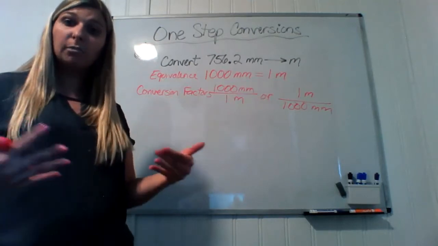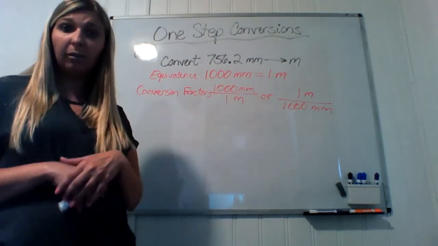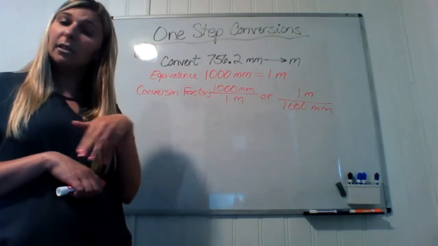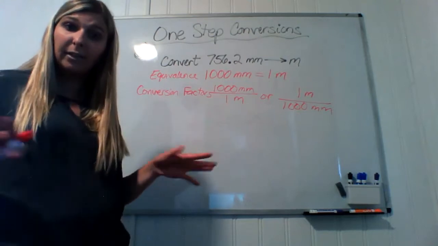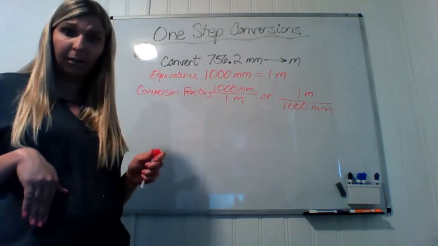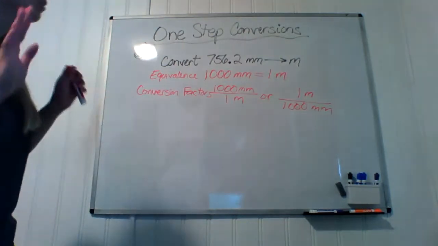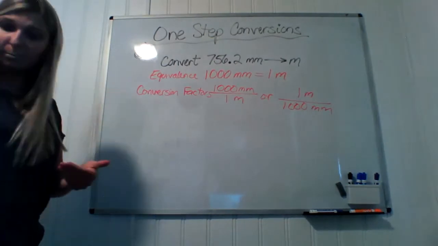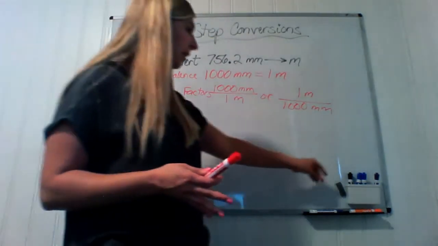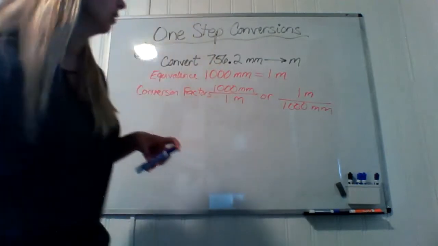Eventually, as you practice more, you're going to just set up the conversion, canceling units diagonally without having to think about all of the conversion factors. But for right now, just as practice, we're going to follow this way.